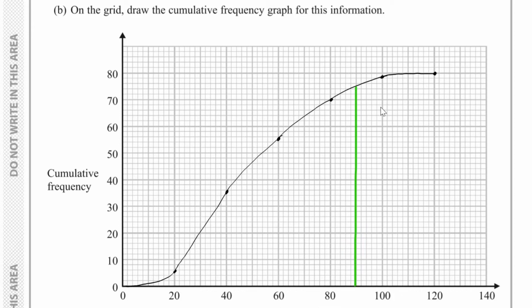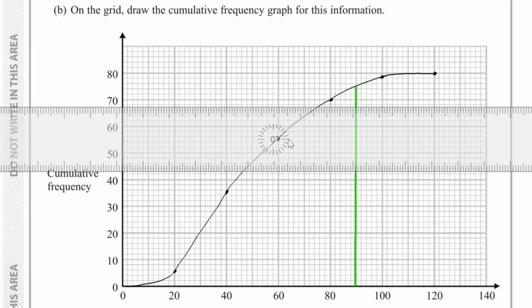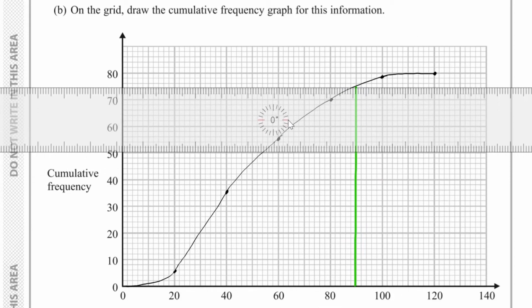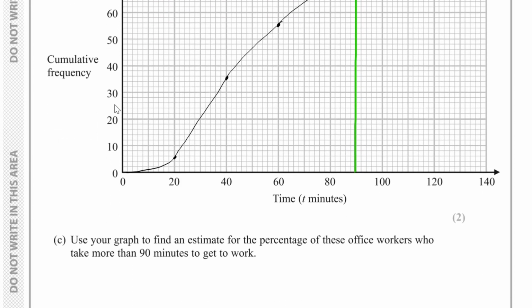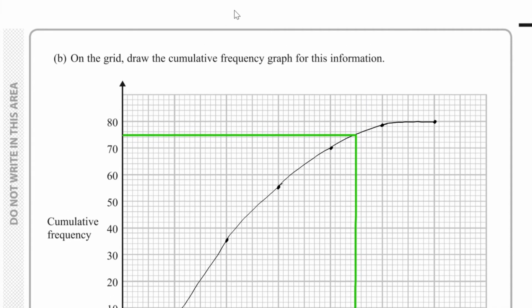Okay, and then if we draw a horizontal line across, you can hopefully see that corresponds to a value of about 75. So here, those who took more than 90 minutes, that will be over here, 5 workers.